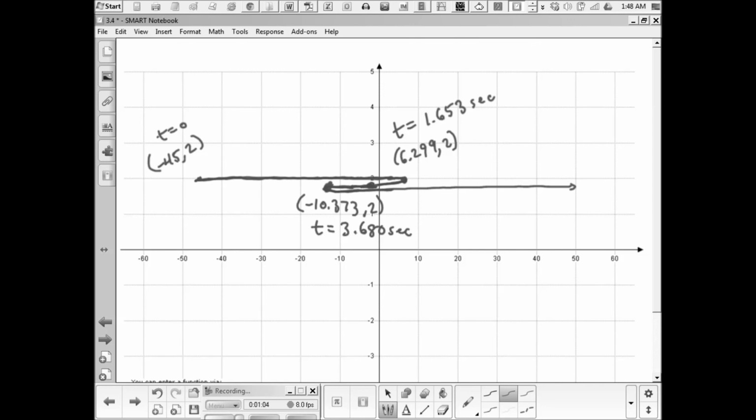Then it had to slow down to get to this point. And then turning around, it speeds up and goes forever. So when was it speeding up? Well, it was speeding up to begin with. But then it had to slow down, stop, speed up. It has to slow down again in order to stop. And then it speeds up again.